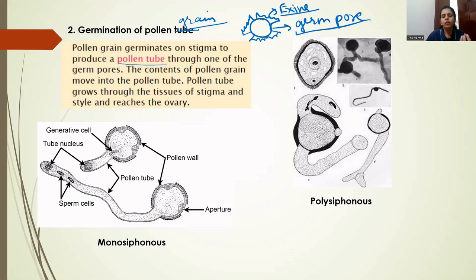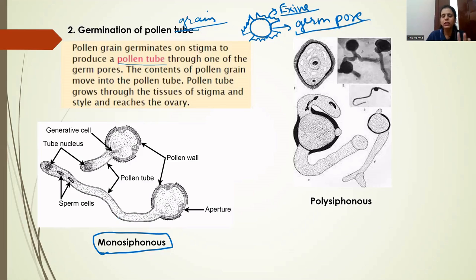There are certain species in which only one pollen tube is formed during germination. Such species are known as monosiphonous. Monosiphonous is the term used to describe the formation of only one pollen tube through one germ pore in the pollen grains of certain species.